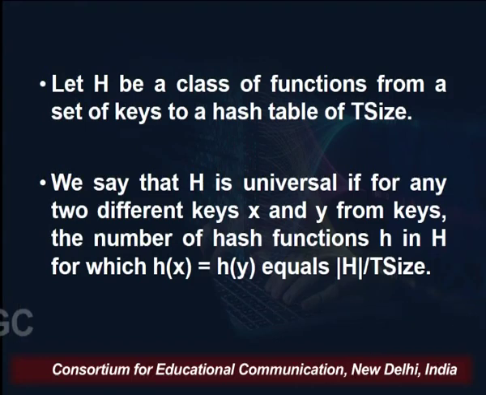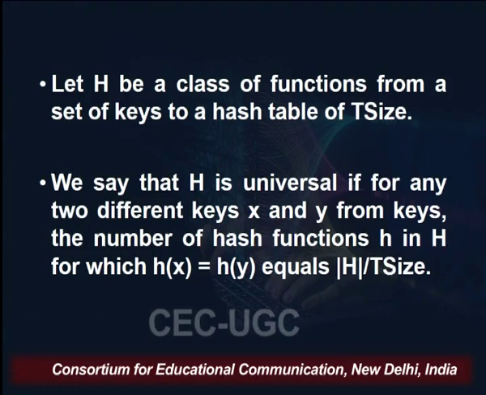Now, in this situation we can say that H is universal if for any two different keys x and y from the set of keys, the number of hash functions in the class for which h of x equals h of y is at most the size of H divided by T size.